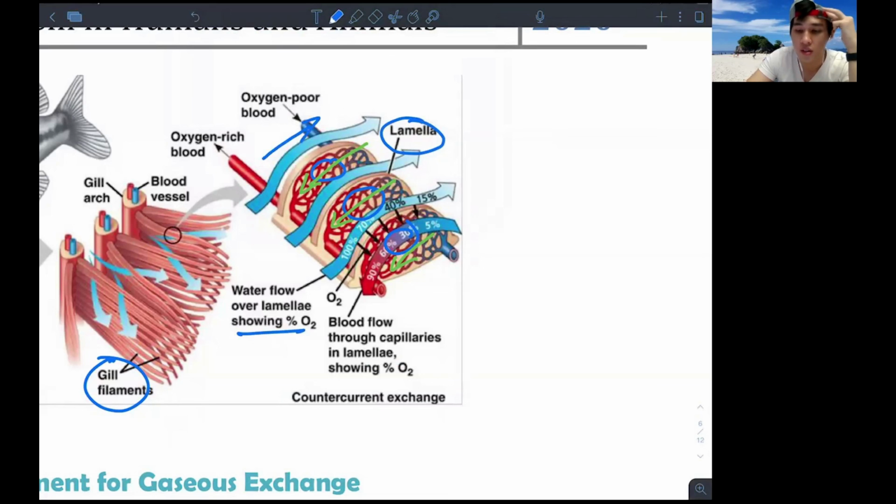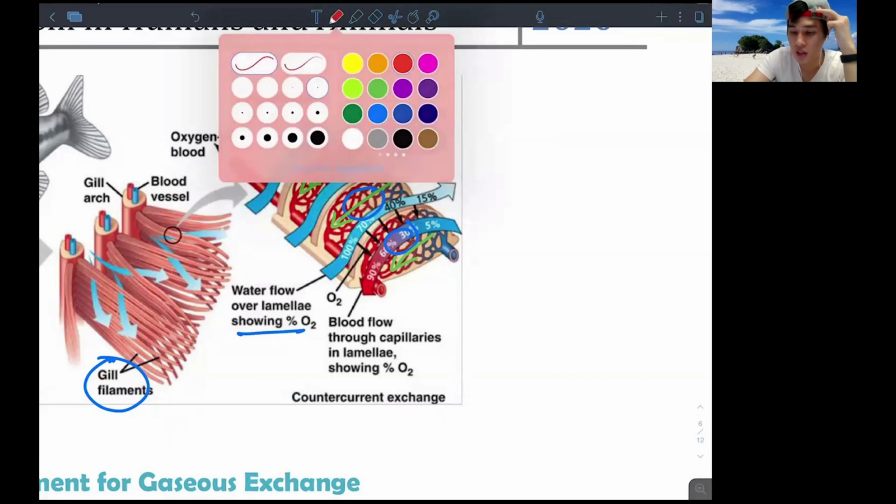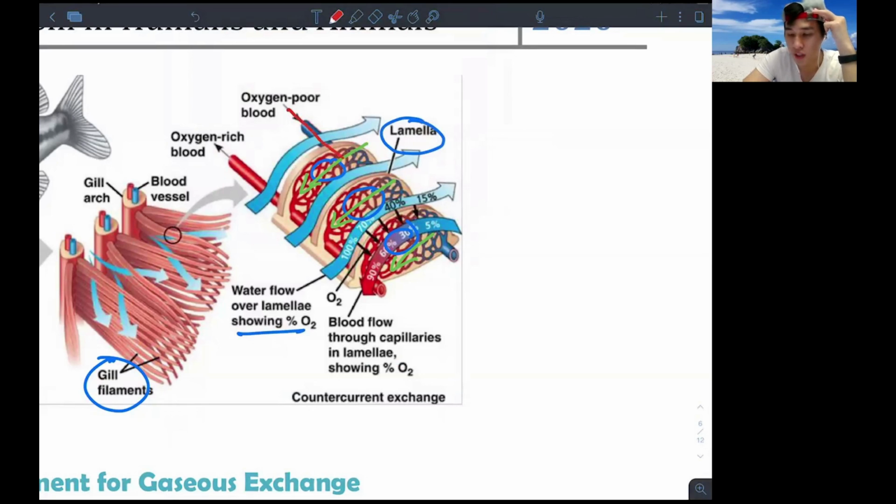The oxygen poor blood flows like this, and the water comes in the opposite direction. If water and blood flow in opposite directions, you can exchange gases easily. Imagine two persons running in opposite directions; they can exchange things faster than when two persons run in the same direction.